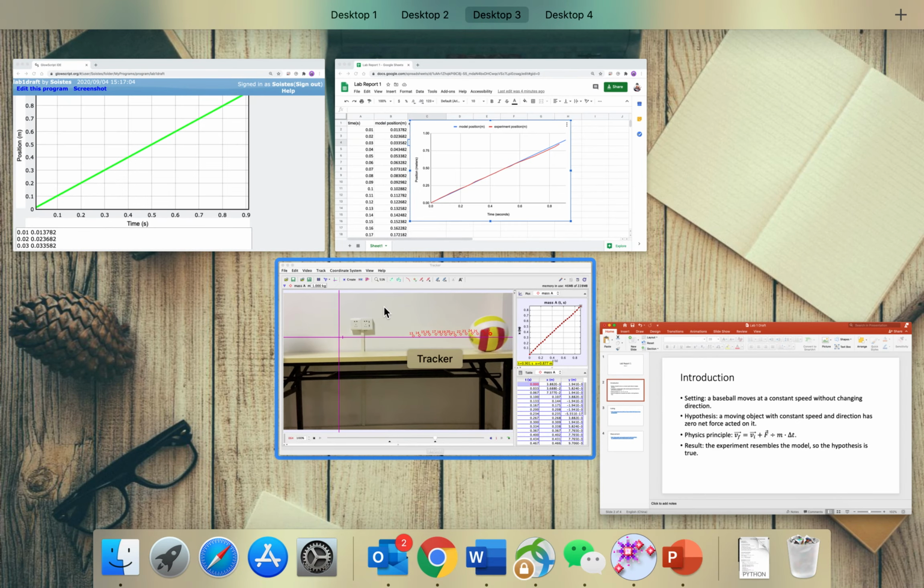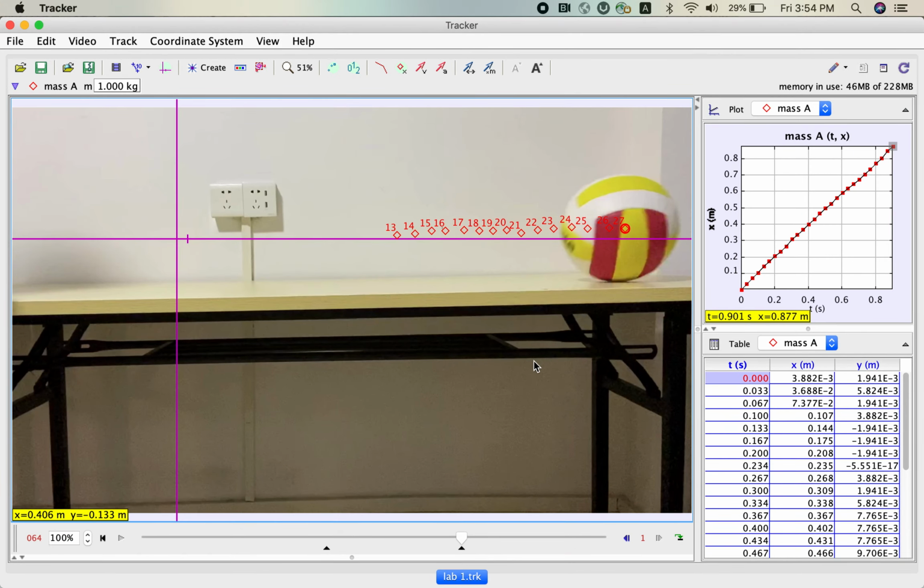And then I want to discuss how I derived the experimental data. I extract the middle part of the video because in that part, the baseball is approximately of constant speed and direction. And I also set a coordinate system here. It's a specific orientation. However, even if I flip the coordinate system, I can still obtain the same results.